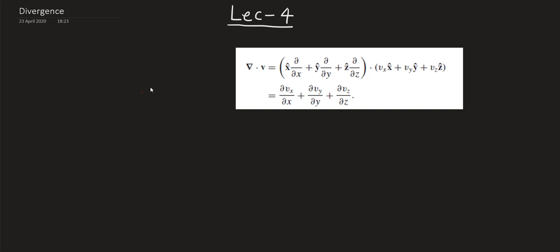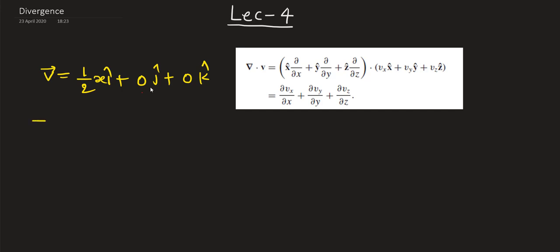Let's say we have some vector function V as 1/2 x i cap, and for the sake of simplicity we do not have any y component and z component, so we have 0 j cap plus 0 k cap. When I say i cap, j cap, k cap, these are the same unit vectors as x cap, y cap, and z cap.